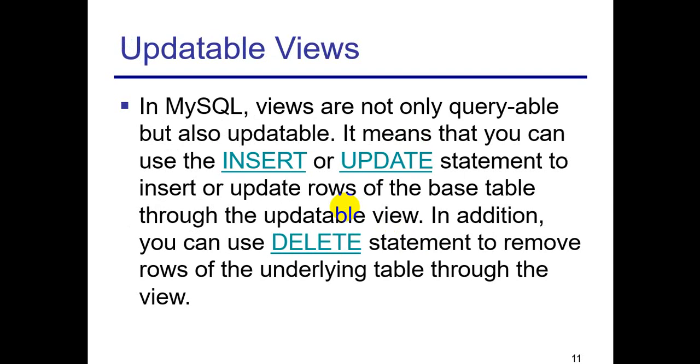Most of the time the views are meant for data selection purposes only, but sometimes we can also use views for updation as well. We do not actually prefer updation and deletion using the views, but we can use the views for updation and deletion as well.